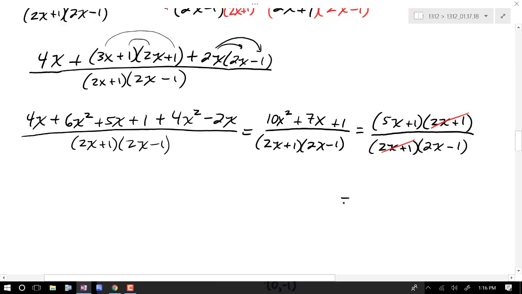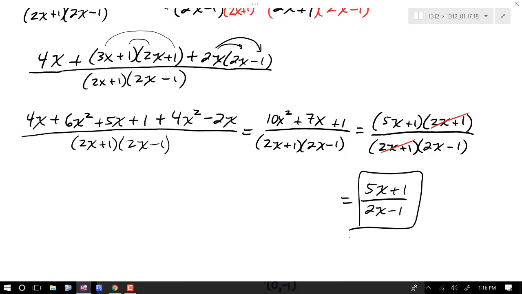And this is equal to 5x plus 1 over 2x minus 1. Questions on that example? Okay.